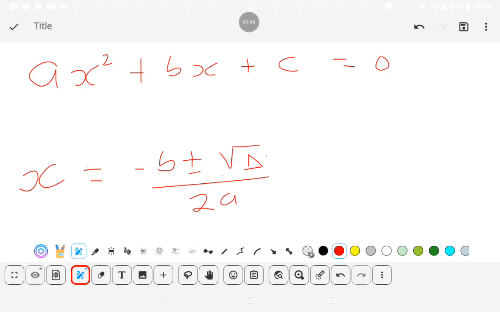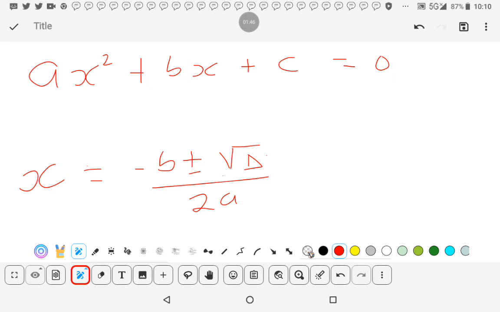So let's talk more regarding the formula. This is the general formula: x is equal to minus b plus or minus square root of d over 2a.